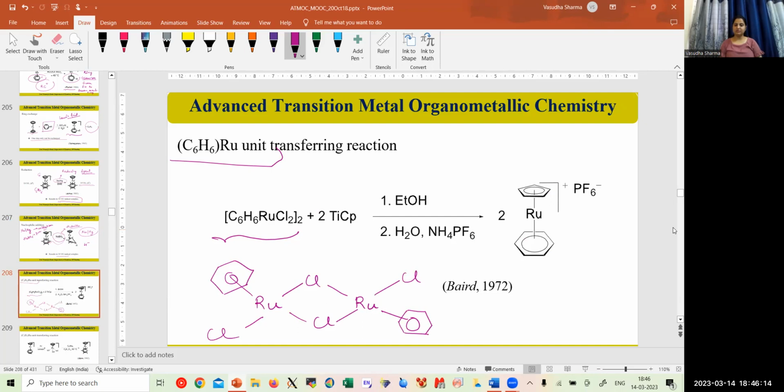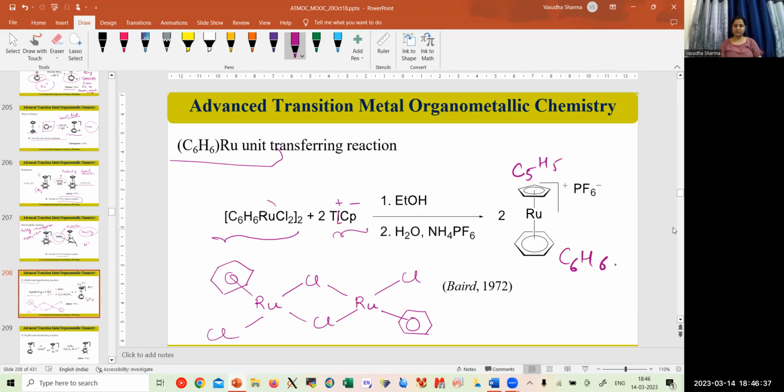So this was a dimer, and here we are using thallium Cp, positive and negative, a source of Cp. In presence of ethanol, it is now getting reduced, and therefore one such complex would have a C5H5, and here it is C6H6.